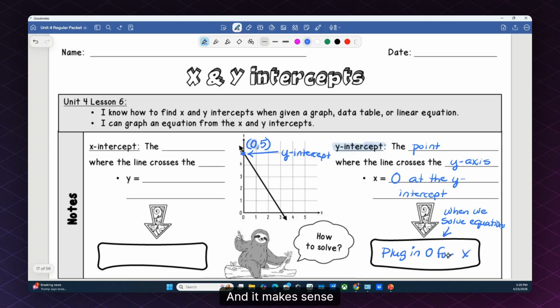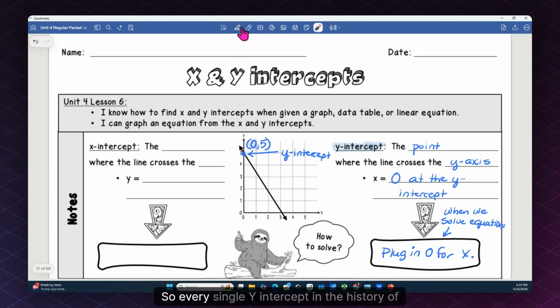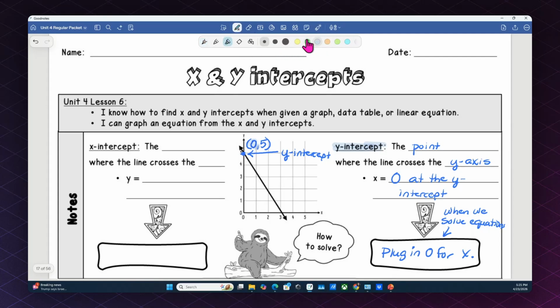It makes sense, because up here my x value is 0 at the y-intercept. This is true for all y-intercepts. Every single y-intercept in the history of time, we can assume has 0 as x. That's a handy little assumption to make.